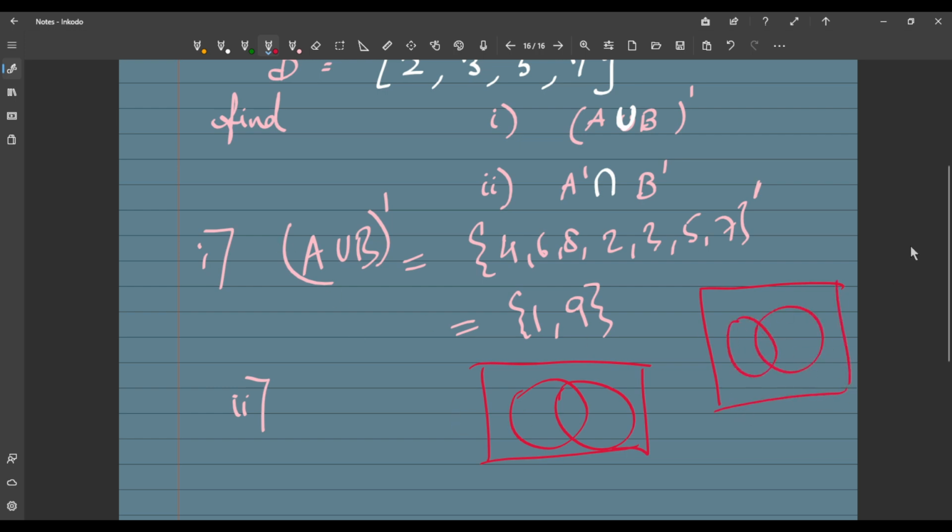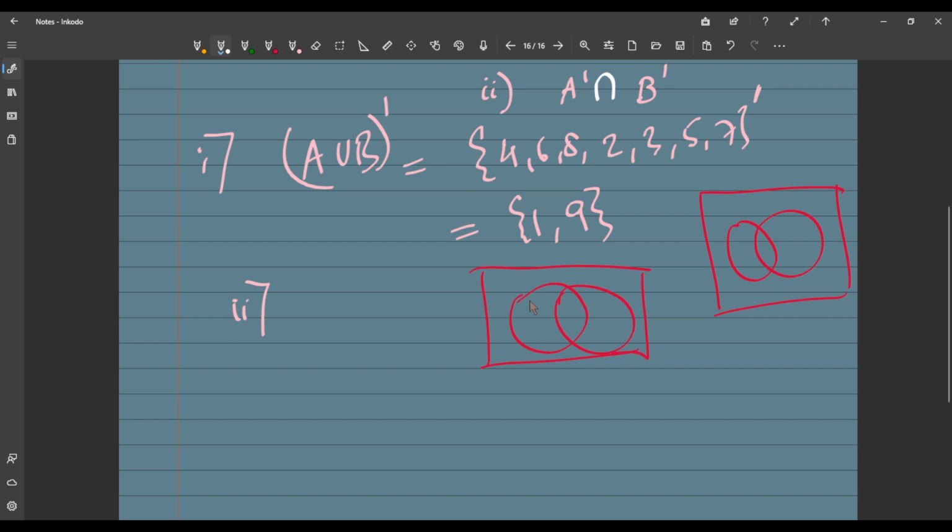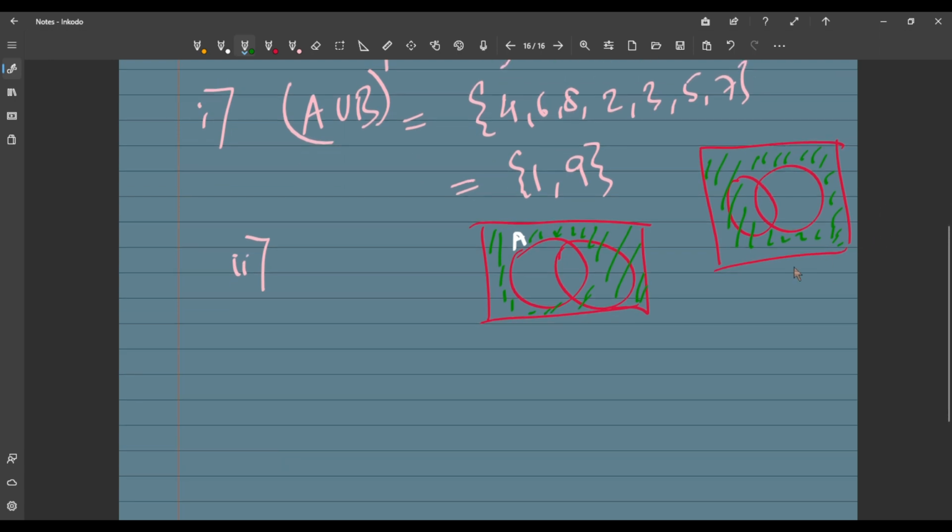So say that this is A, then A complement would be this whole region, and B complement would be this region, and what will be the intersection? Well, if you intersect these two things, think about it on your own too.